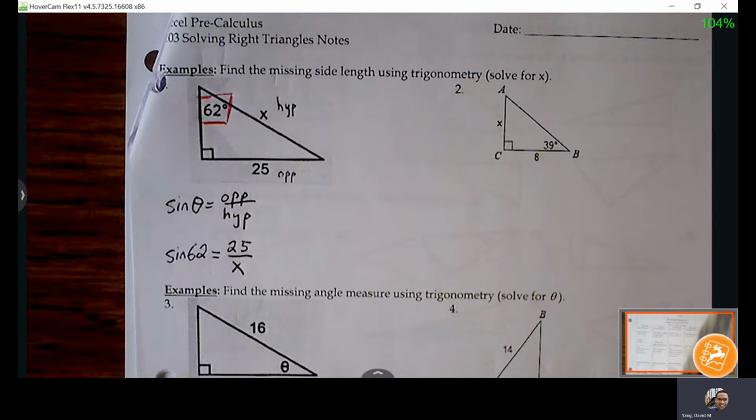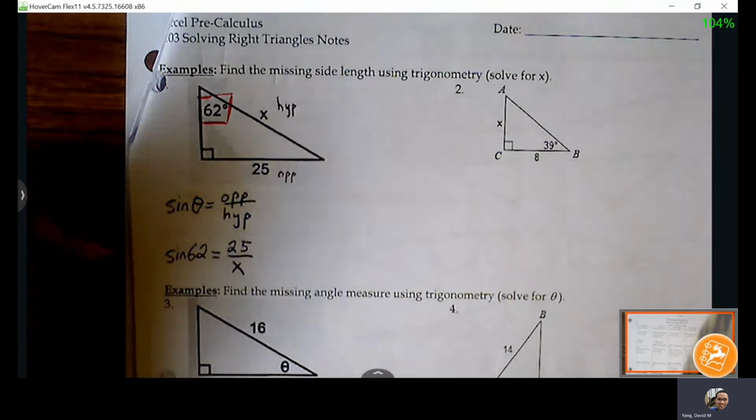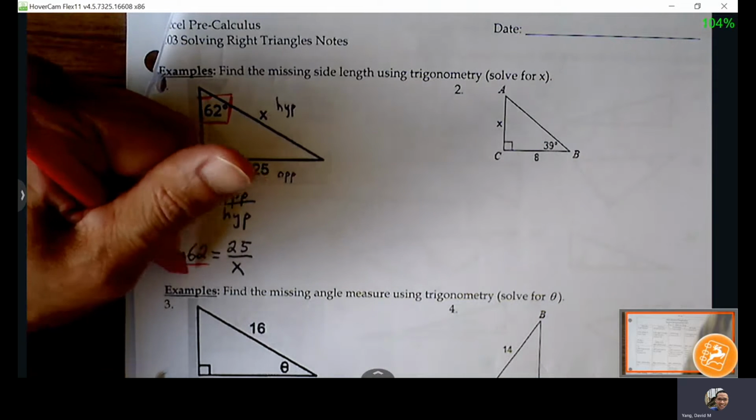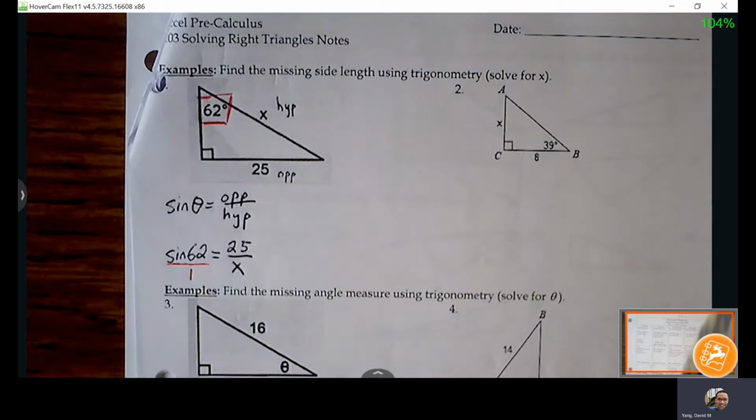Okay. We want to solve for x. We have an algebraic method that we can use to solve for x. So I'm going to create a fraction out of that sine 62. I can always put a 1 in the denominator if there's no denominator showing.